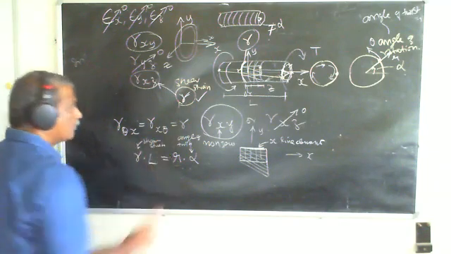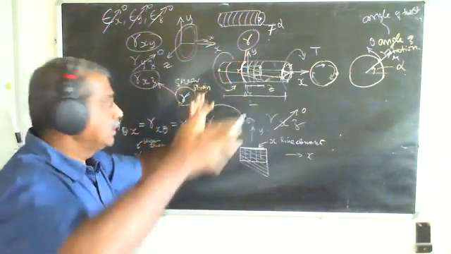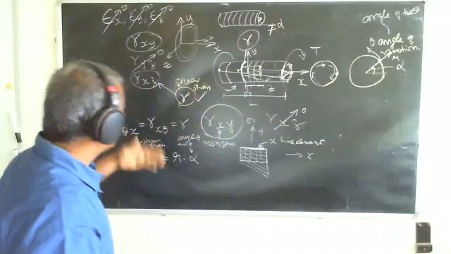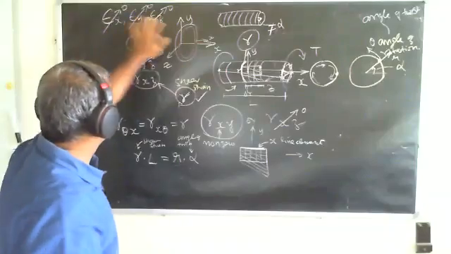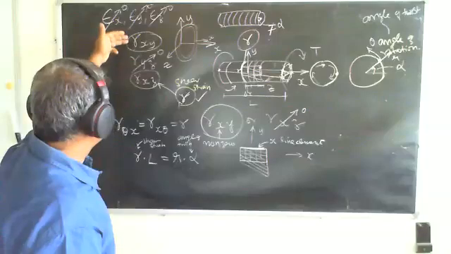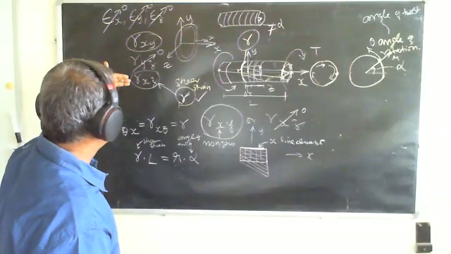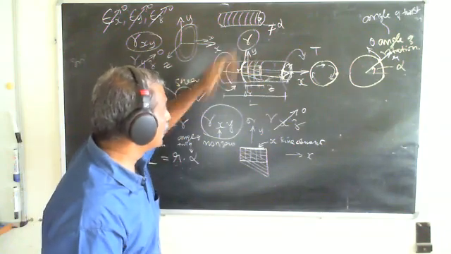So we started with looking at a tube. We twisted it and tried to find out what strains appear. We figured that all the normal strains are zero. Gamma yz is also equal to zero. Gamma xy or gamma xz may be present depending on which surface I'm taking.